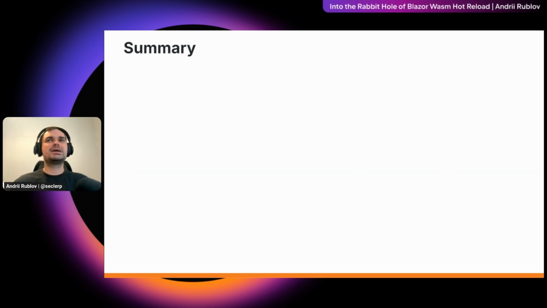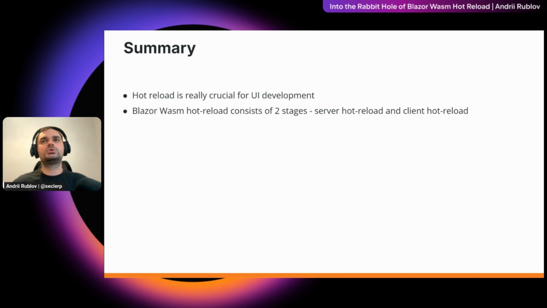Now finally, let's summarize the entire thing we talked about today. Hot reload is really crucial for UI development, as it really speeds up development and simplifies the feedback loop for doing such small and consequent changes. Blazor Wasm hot reload consists of two stages: server hot reload and client hot reload.